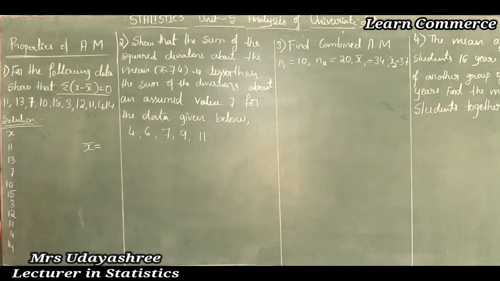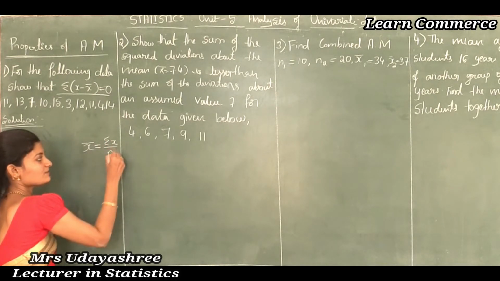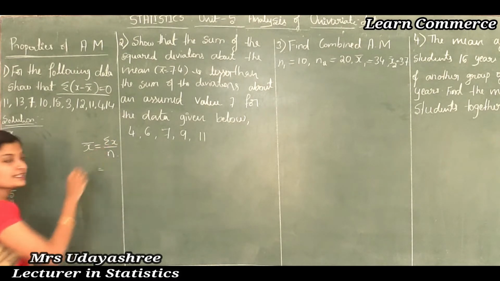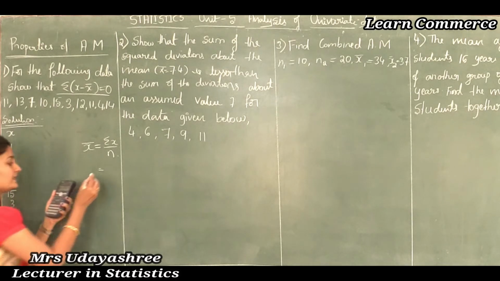The formula for x bar is summation x divided by small letter n. Summation x means the total of these x observations, that is 11 plus 13 plus 7 plus 10 plus 15 plus 3 plus 12 plus 11 plus 4 plus 14. So sum of x is 100.